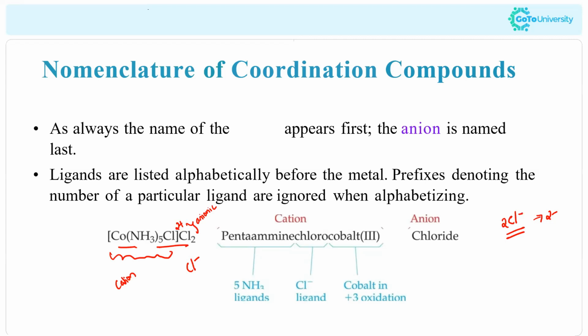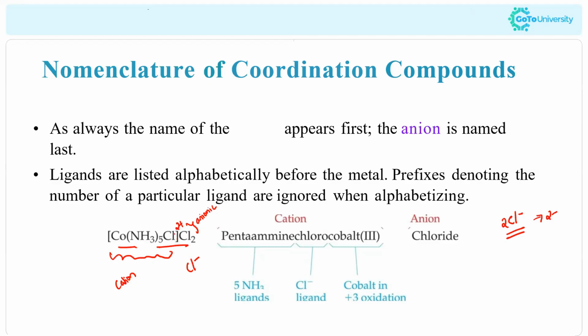Now, when we name the coordination sphere, we have to consider the ligands first. Then only we will move to the metal ion. So let us see how many ligands are here. We can see that this contains 5 ammonia and 1 chlorine. So this is a heteroleptic complex, right? It means two kinds of ligands are present.